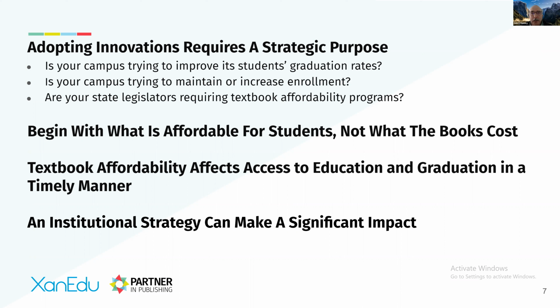So we're going to talk a little bit about that, beginning with what's affordable for your students. Some of the things you want to look at are what percent of your students are Pell eligible and what percent are on financial aid.